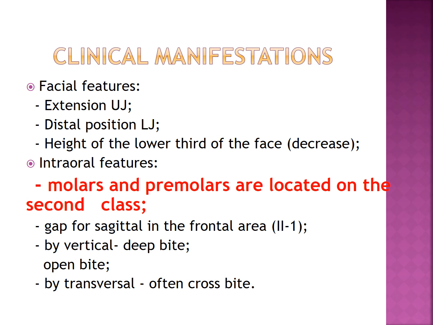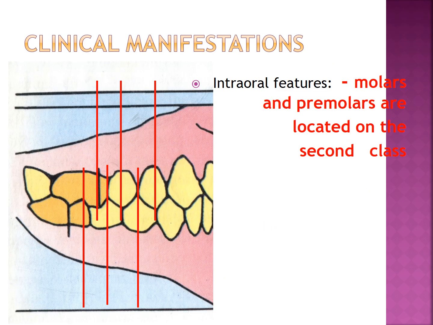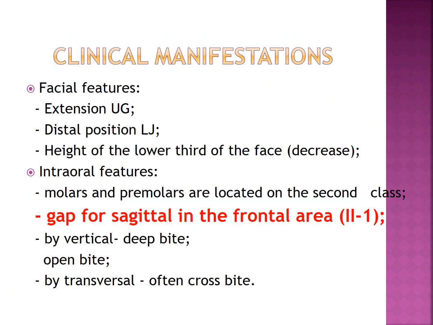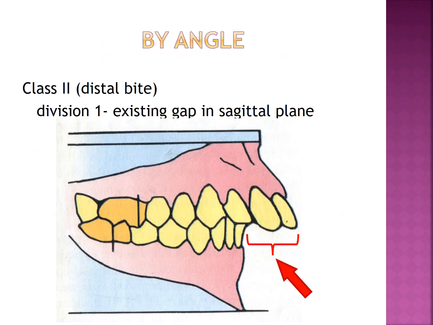And intraoral features. Of course, molars and premolars are located in the second class, like here. Gap sagittally in the frontal area in case of Class 2 Division 1 pathology.